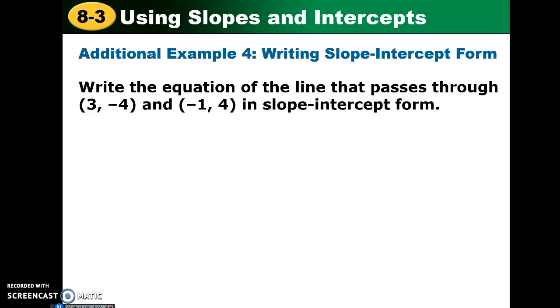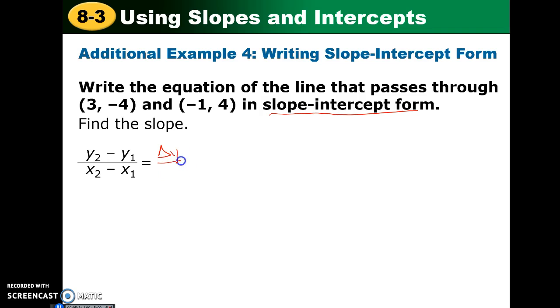And I got one more thing to show you. So now we have points. We don't have an equation, and we want to get slope-intercept form from these points. Well, first thing we want to do is find our slope. If you remember, we can find the slope by doing change in y over change in x.